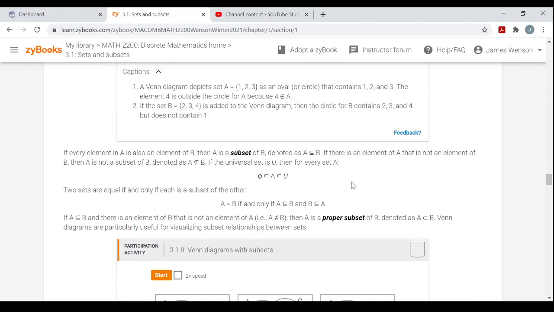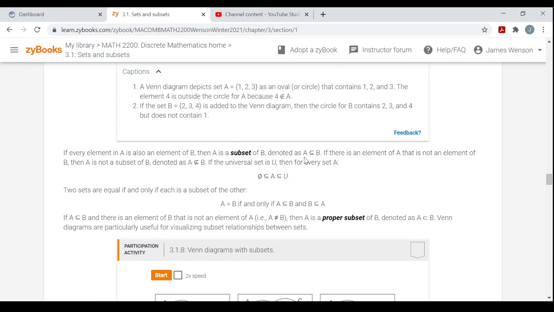So another definition. Lots of definitions in this first section. If every element in A is also an element of B, then A is a subset of B, denoted this way. It almost looks like a less than or equal to symbol, but it's like a sideways U looking shape, not sharp like a less than or equal to.